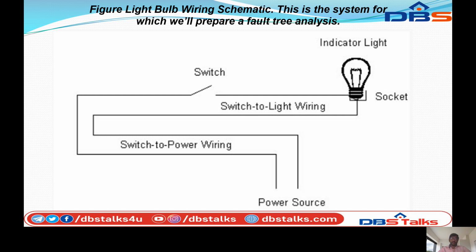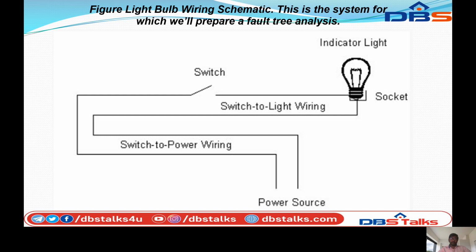When the switch is on, the inclined line touches the horizontal line. So this is the closed circuit, and the current passes from the positive side to the negative side, so the light will glow.